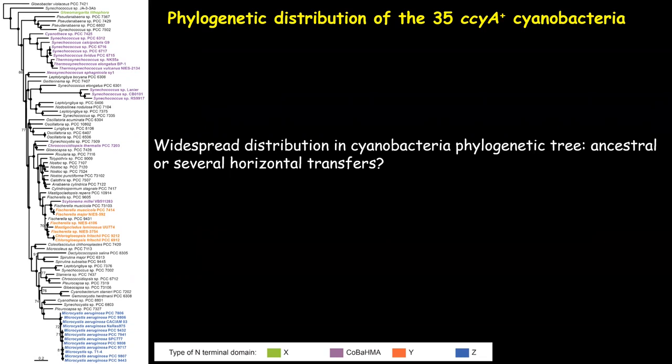You can compare some genes which are shared by all these cyanobacteria, and if the genes are very close in sequence to each other, that means that the bacteria bearing those genes are very close phylogenetically. Now, if you have a lot of mutations in the sequences of the same gene, that means that they have diverged significantly in the past.